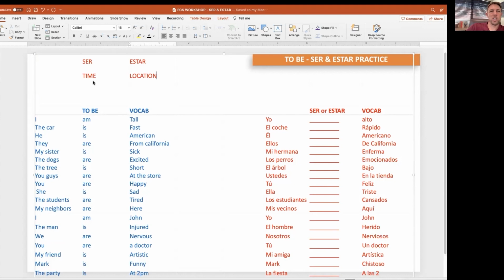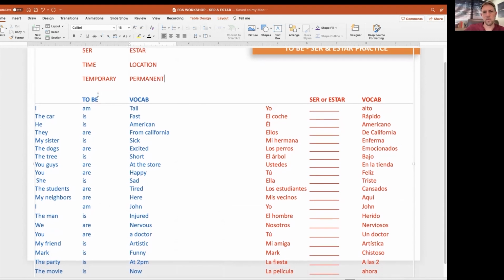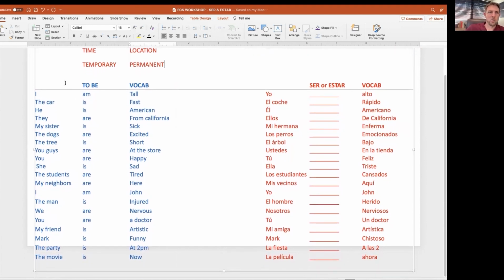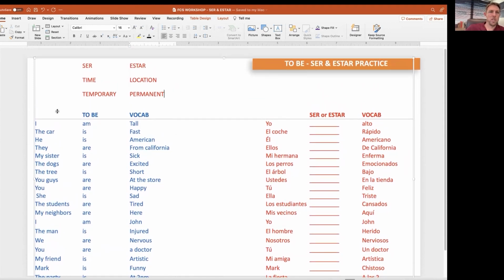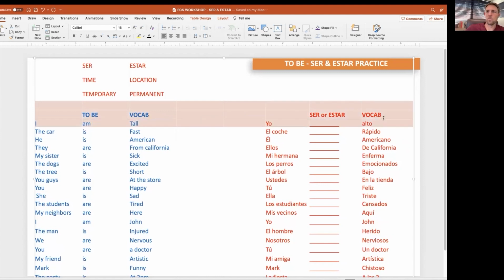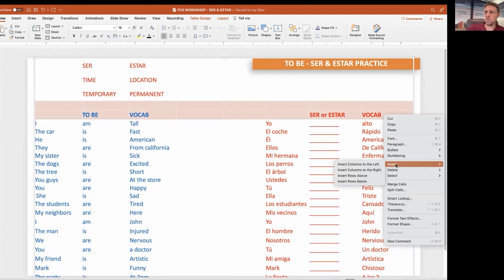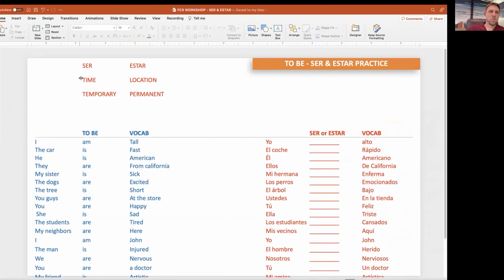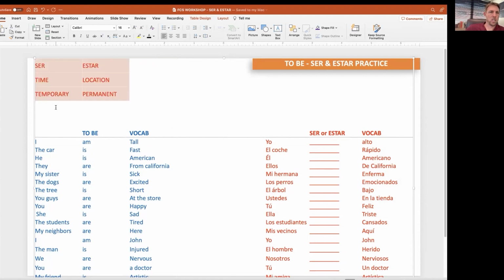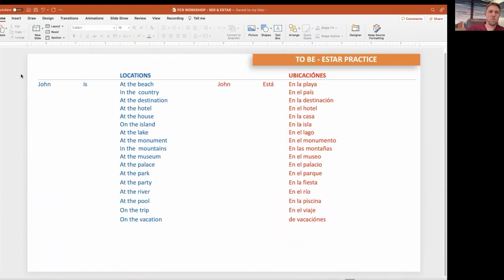Time, location, temporary, permanent. All right. And we'll also put the conjugations, so that everyone has all the conjugations. And then we'll do practice.